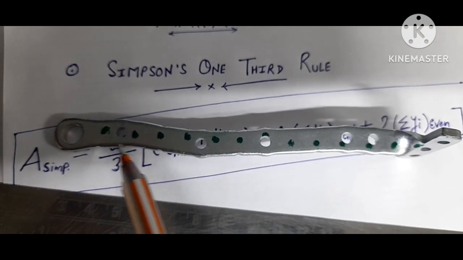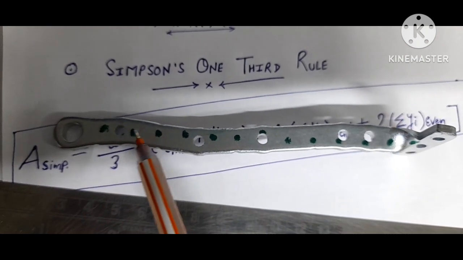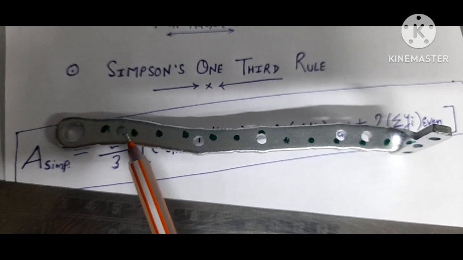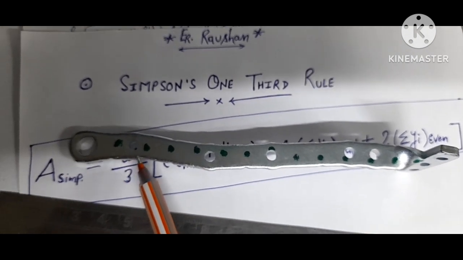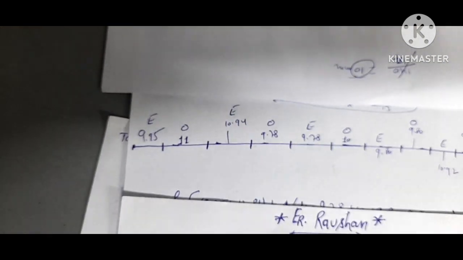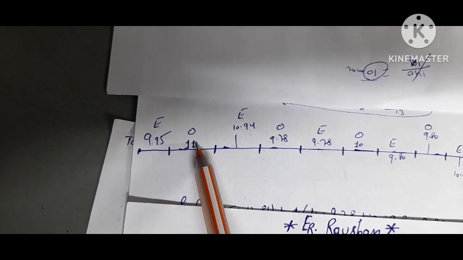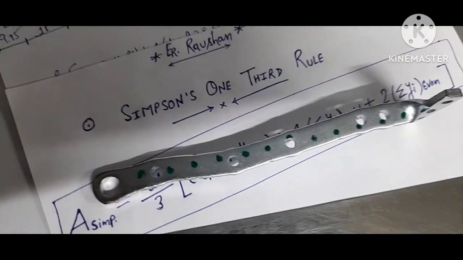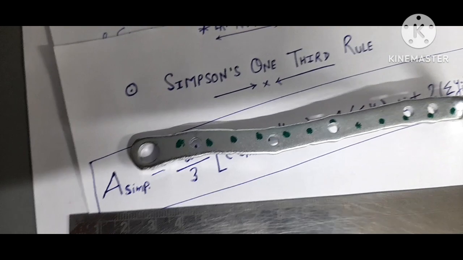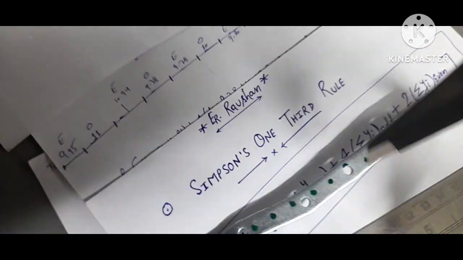Friends, this plate link has 14 equal sections separated by these dotted lines, and each dotted line has some width like 9.95, 11, 10.94, 9.7 and so on. This is measured with the help of a vernier like this.